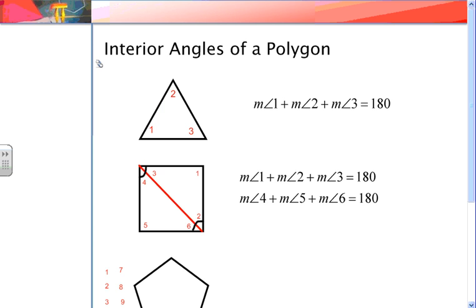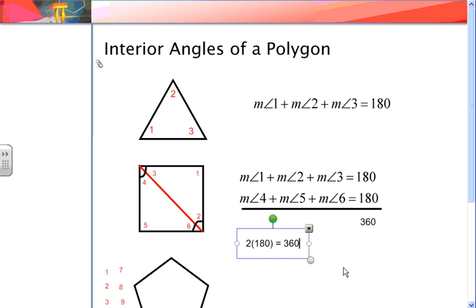And if I add both of those together, 180 plus 180 is 360. We'll go over a shortcut of how to do this, but if I add 1 plus 2 plus 3 plus 4 plus 5 plus 6, in this case I get 360. Another way of saying that is 2 times 180 is equal to 360. Why 2? Because there were 2 triangles.